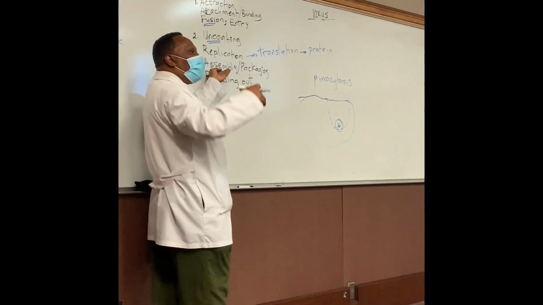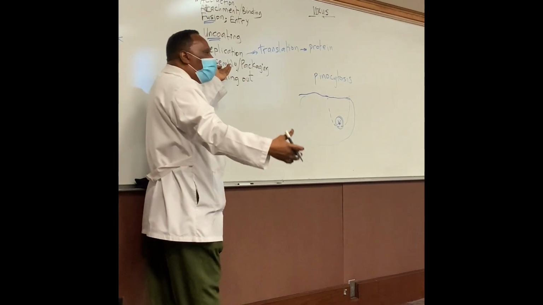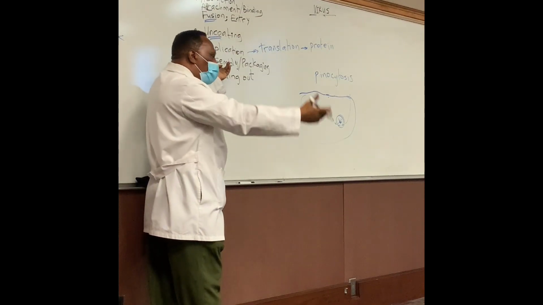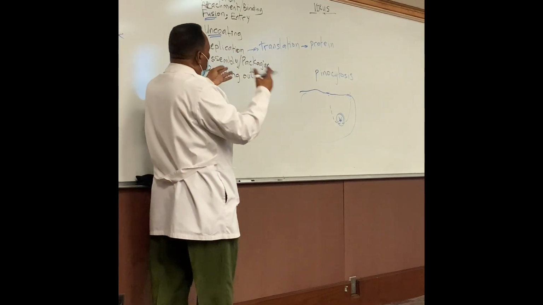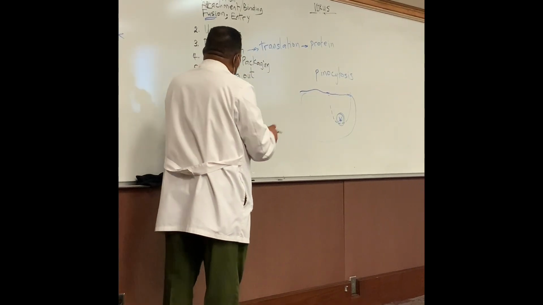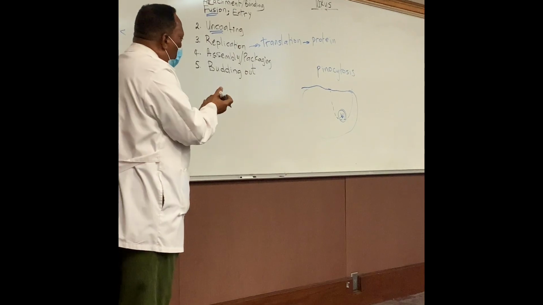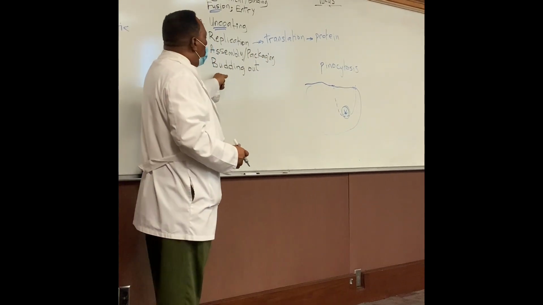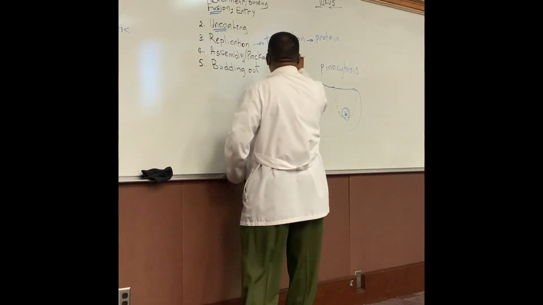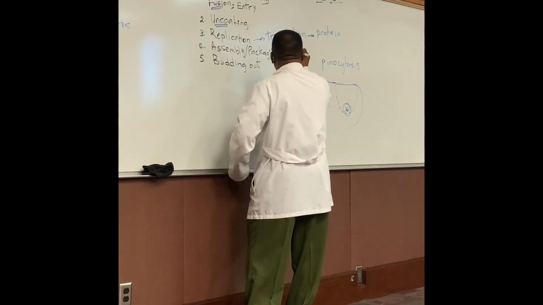So you can form envelope protein, you can form proteins that will be needed for the capsid. All those will be assembled and they will be packaged. And then in this situation, you now have what is called a virion.